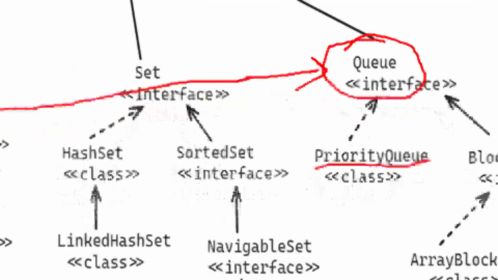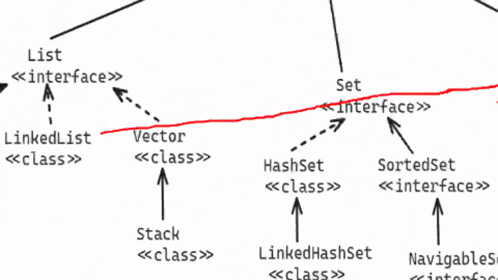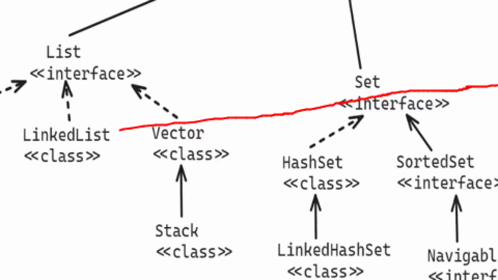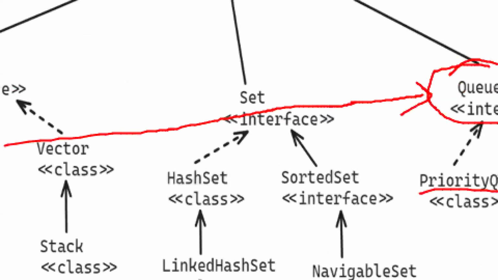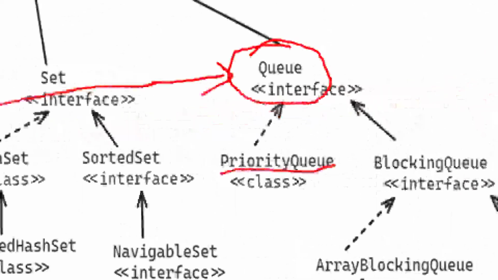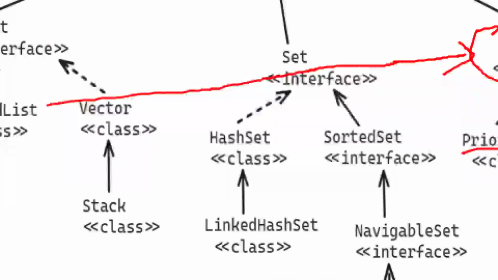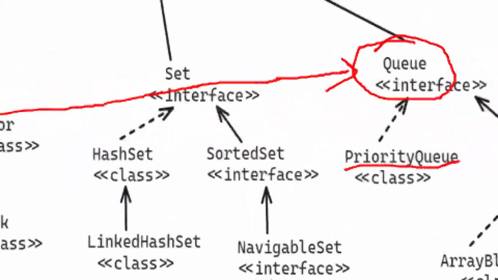I have not given that kind of hierarchy because if I give it like this, you may get some confusion. So LinkedList is a class, guys. LinkedList class implements the queue interface. PriorityQueue class also implements the queue interface.